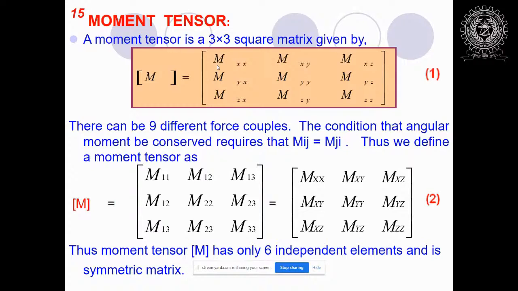The diagonal elements correspond to force dipoles acting along the coordinate axes. Thus, a moment tensor should have 6 independent elements, and it is symmetrical. Thus, if you know the earth structure and waveform data is available, the seismic moment tensor M and the focal mechanism of an earthquake can be calculated by moment tensor inversion.